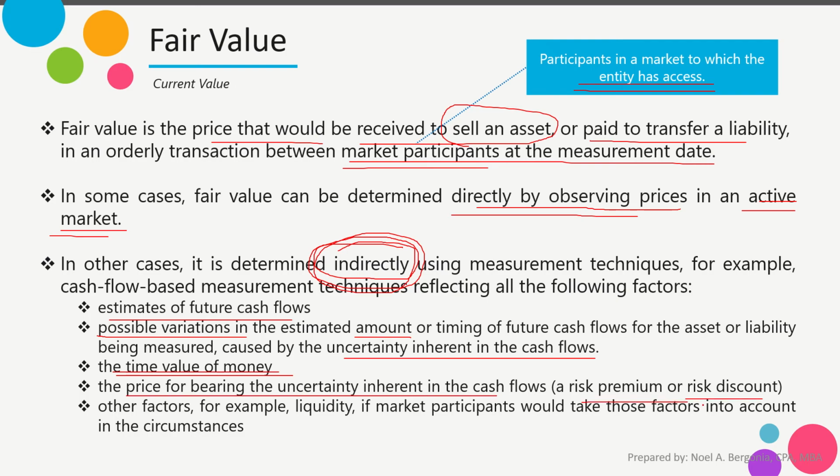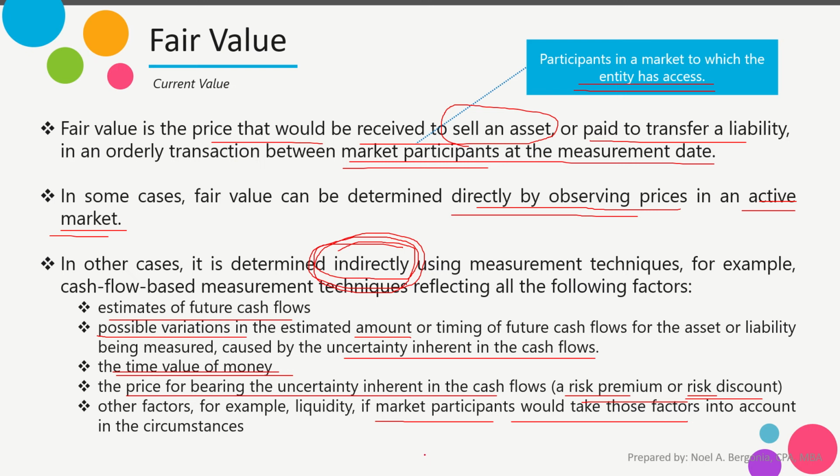So it's more on the uncertainty kasi pag nag-discuss kayo ng risks and returns sa financial management nyo in second year, if I'm not mistaken. Okay, so you will consider uncertainties such as risk premium and risk discounts. Okay, and also other factors related to market participants, no, would take those factors into account.